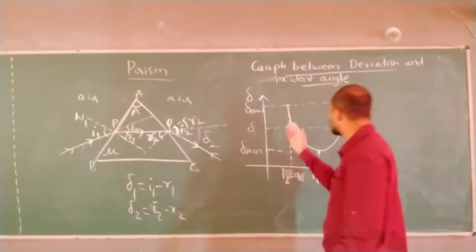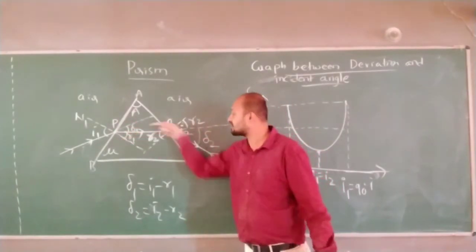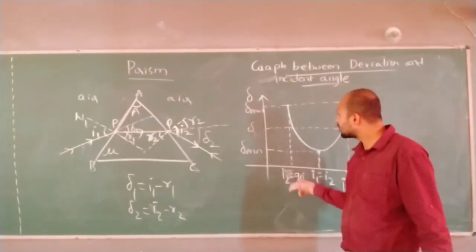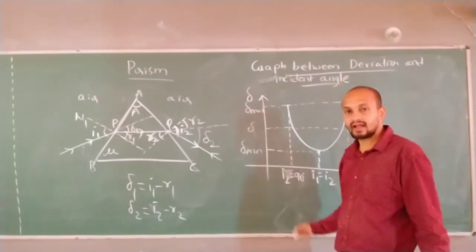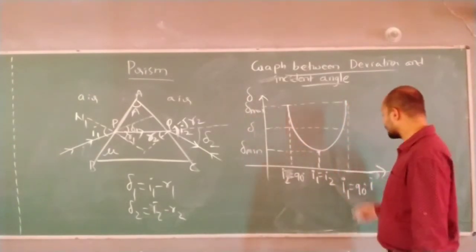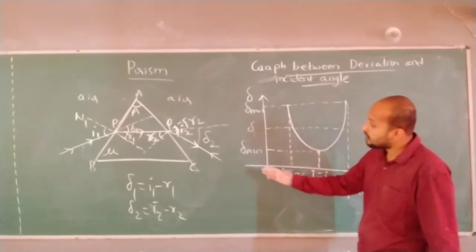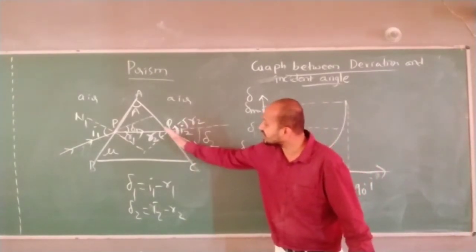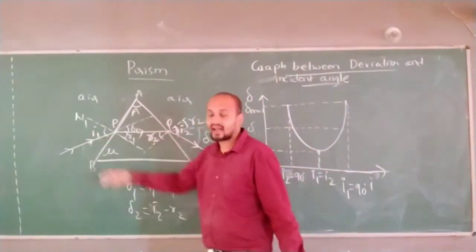That is why, if it is following the opposite path, at maximum deviation I2 will be 90 degree. Yes or no? I2 will become 90 degree. So if it is reversing the path, what will happen? When I2 is 90 degree, some point of I1 angle will be there.